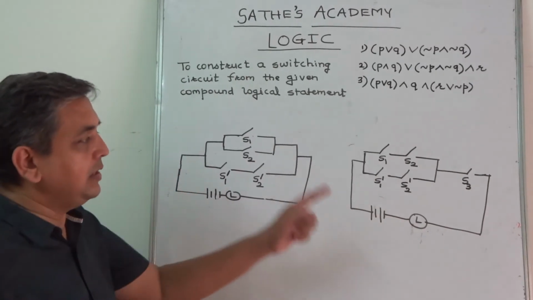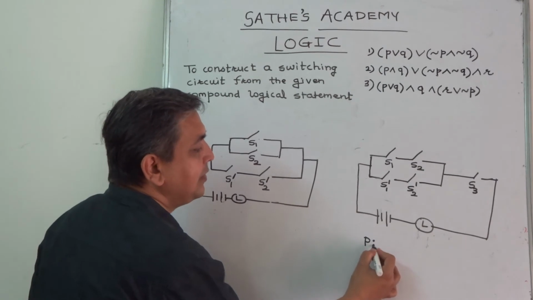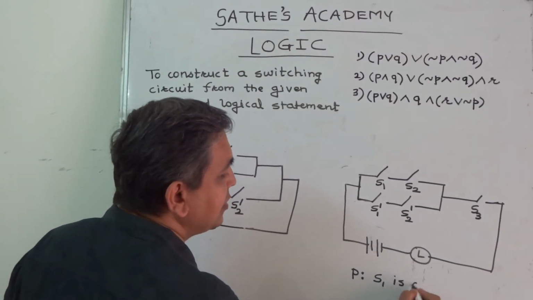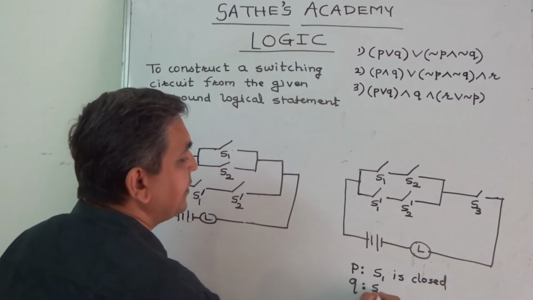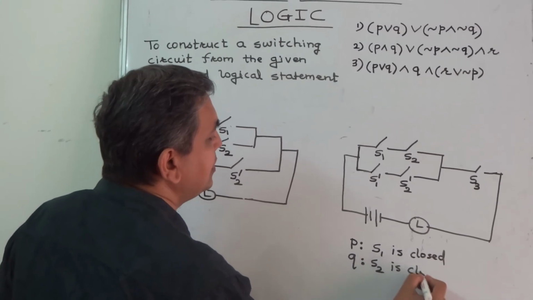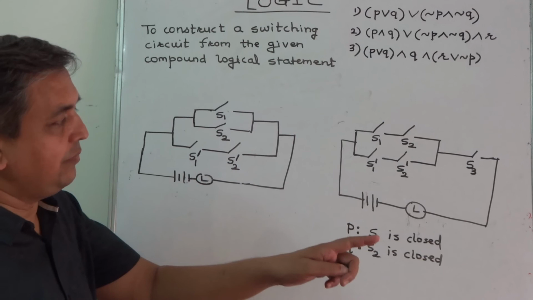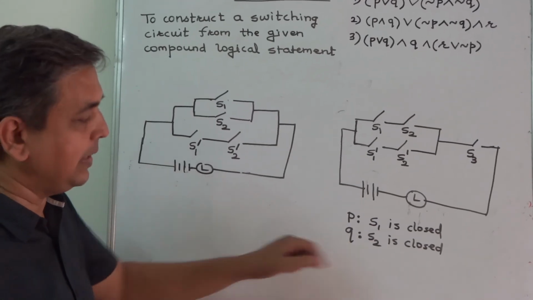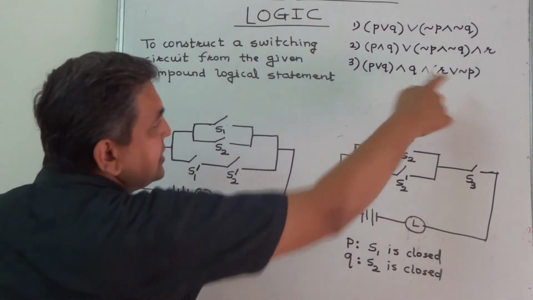And before drawing these circuits, we have to write what? What does statement P say? Switch S1 is closed. Q says S2 is closed. And obviously S1 dash will be denoted by negation P, S2 dash will be denoted by negation Q. Now let us solve this circuit.